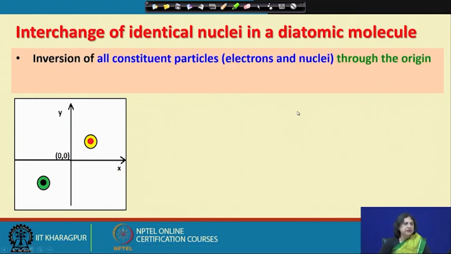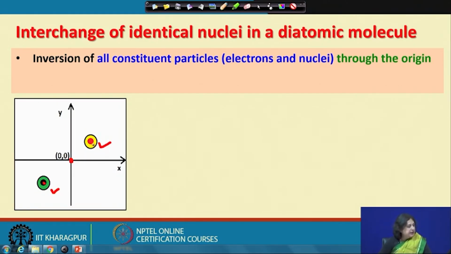The first step is we will invert all the constituent particles of the molecule, including the electrons and the nuclei, through the origin. So, in this picture, where is the origin? This point is my origin. If I want to invert this body or this point through this origin, I should appear here. And therefore, this is an inverted image of this and vice versa.